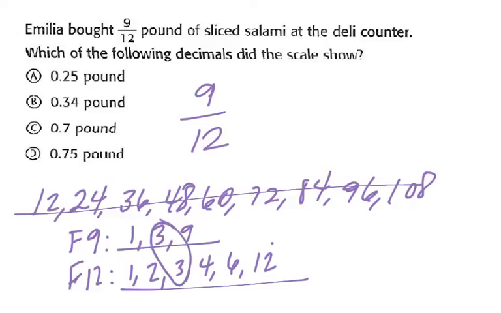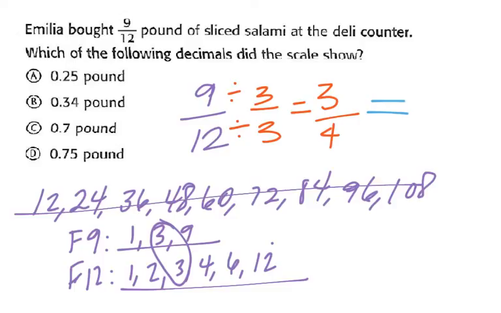3. So now I'm going to take 9/12 and I'm going to divide it by 3 over 3. 9 divided by 3 is 3. 12 divided by 3 is 4. Ooh, now I have 3/4. Now I can think of 3/4 as a fraction that I can get to have a denominator of 100.